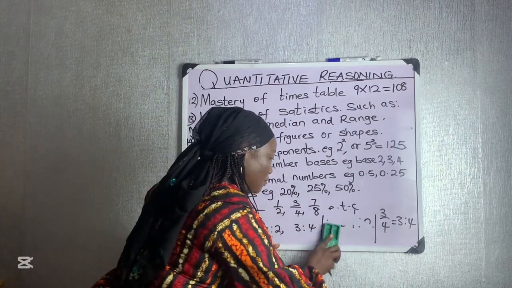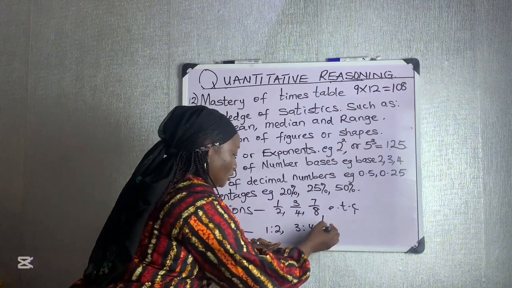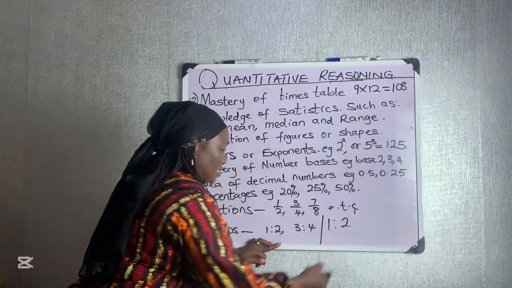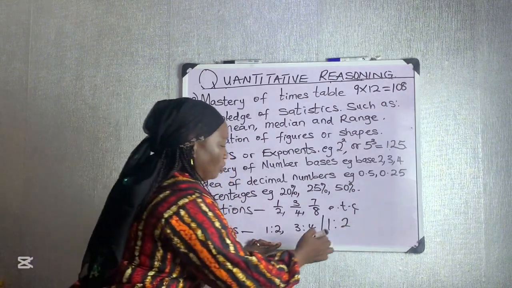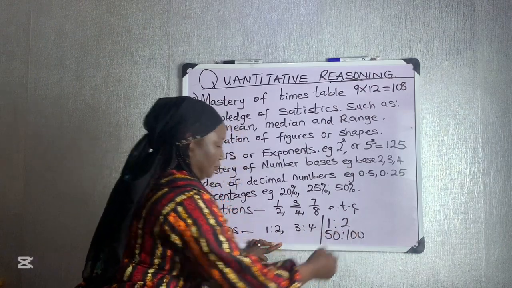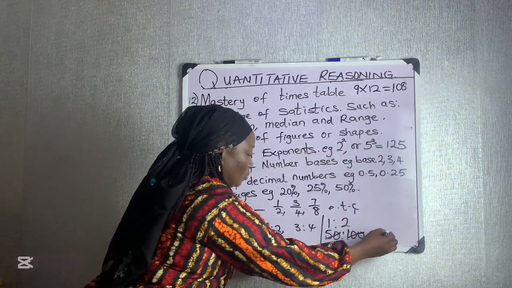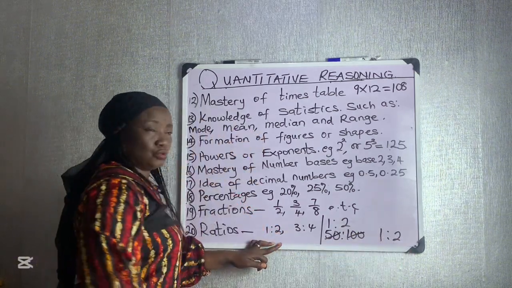And again, I may be given 1:2 like this. I will now think, what did they do? I will now think of maybe 50:100. 50 here will give me 1, and 50 here will give me 2, and so on.